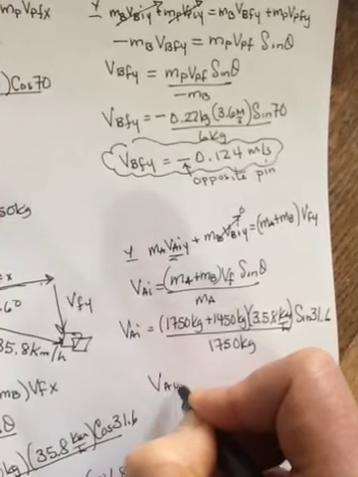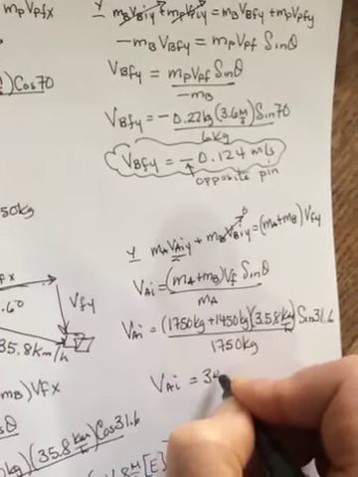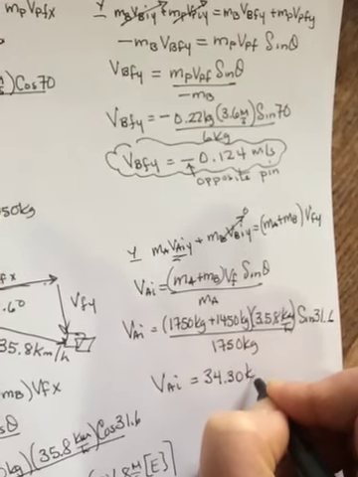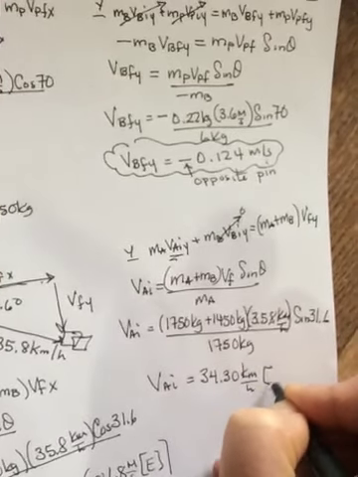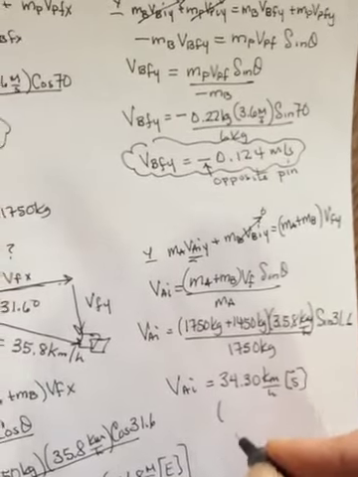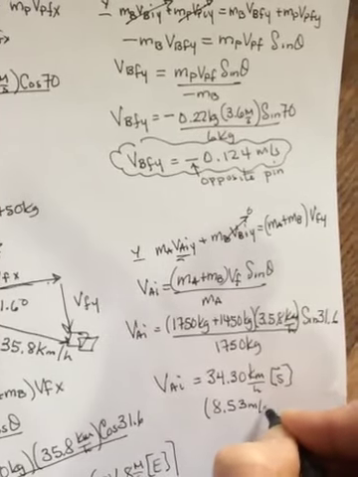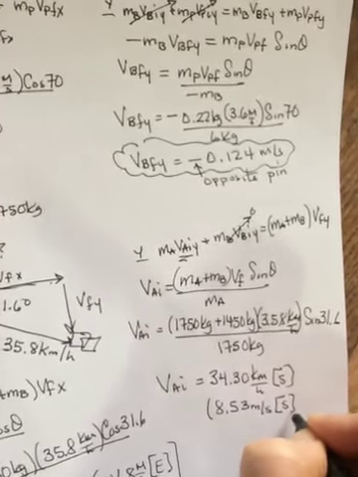And you get a VA initial, when you do the math, of 34.30 kilometers per hour, and that's south. Or if you want it in meters per second, 8.53 meters per second south. Okay?